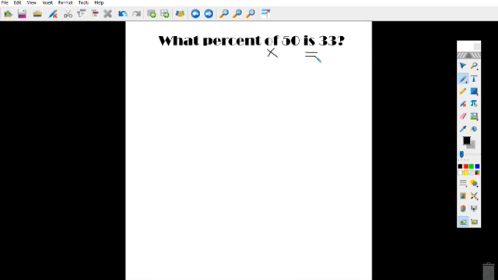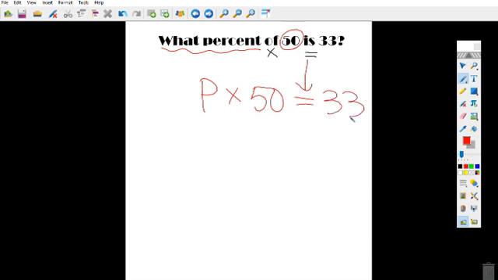So our equation, we're going to write in math terms now, not words. So what percent, I'm just going to use P. Of is times 50 is equal to 33.